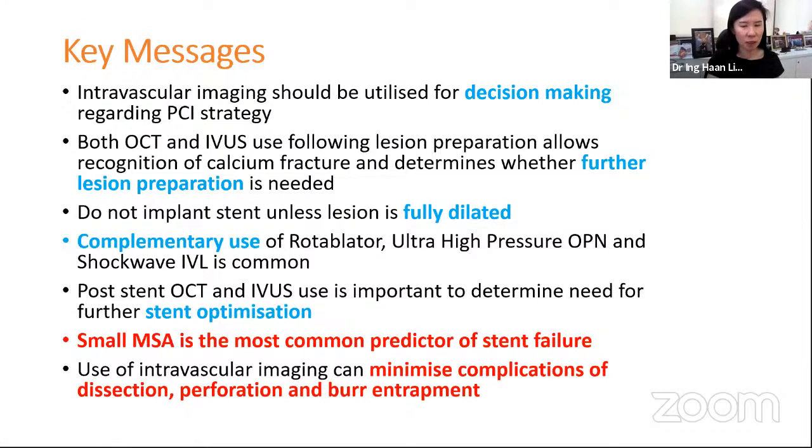There are multiple choices of plaque debulking devices available, and for stent optimization, the most important point is that a small MSA is the most common predictor of stent failure. The use of intravascular imaging can also minimize complications of dissection, perforation, and burr entrapment.